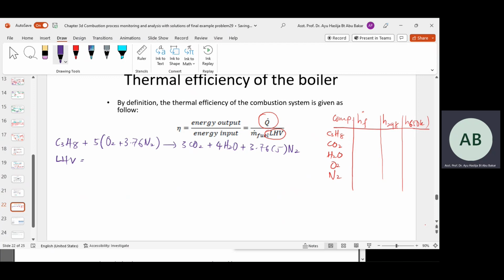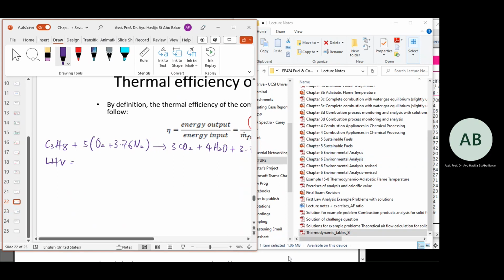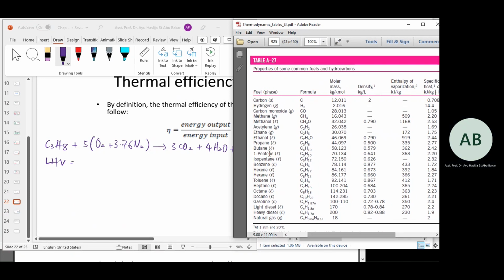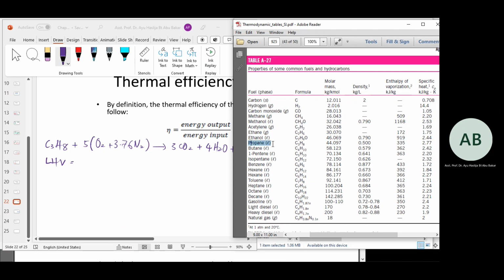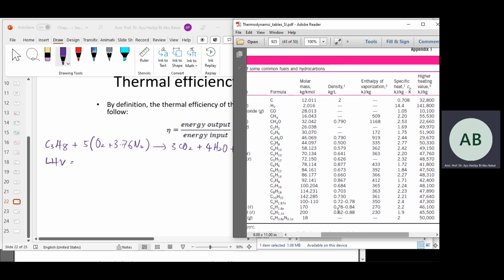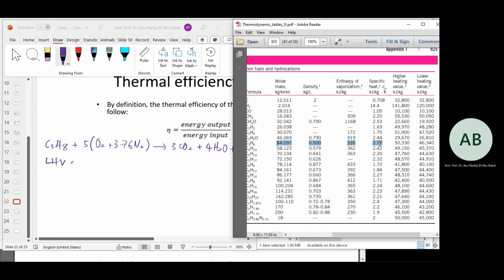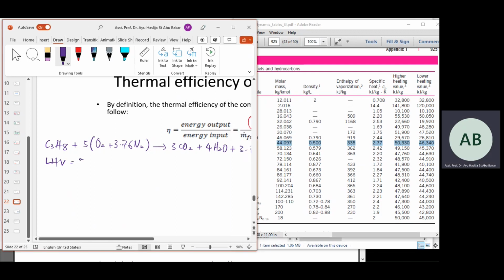Now to find the LHV, we can extract from the properties table. Liquid propane, so the LHV is 46340 kilojoule per kg from the properties table.